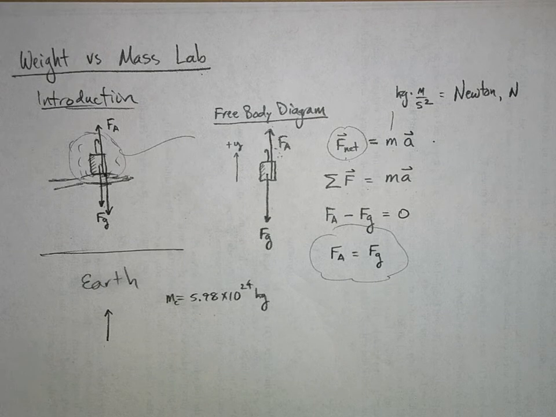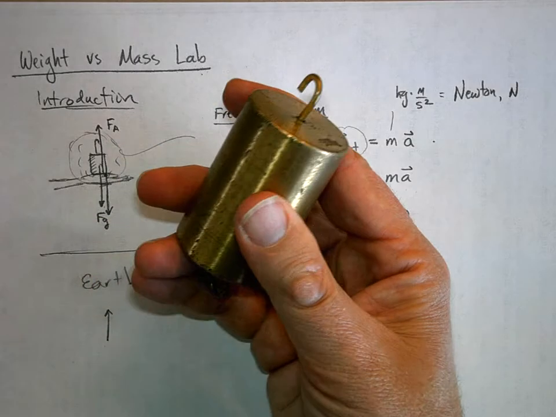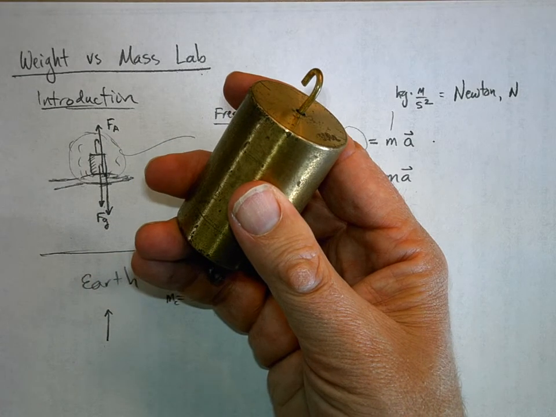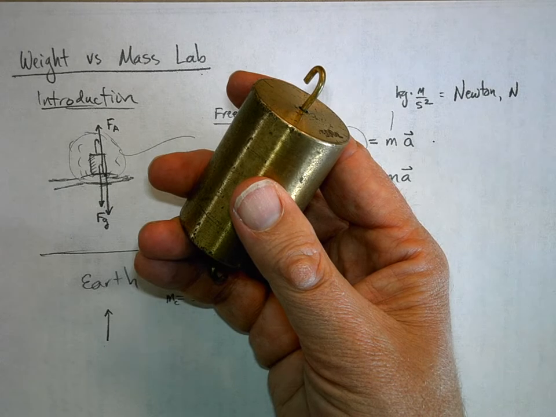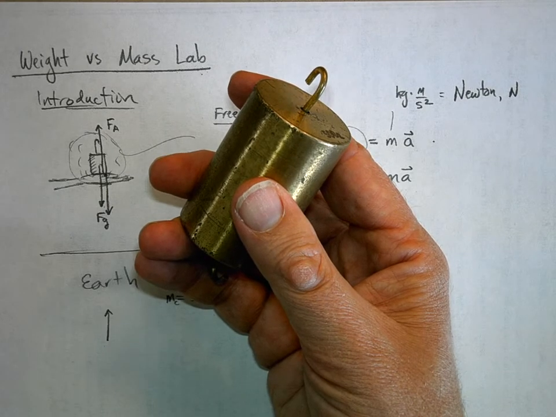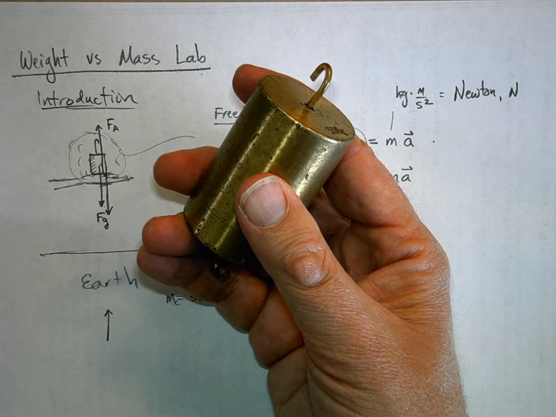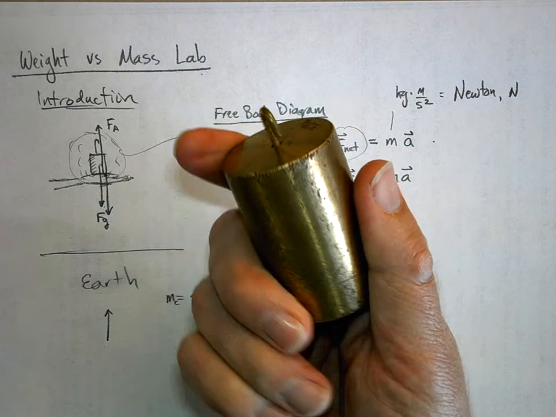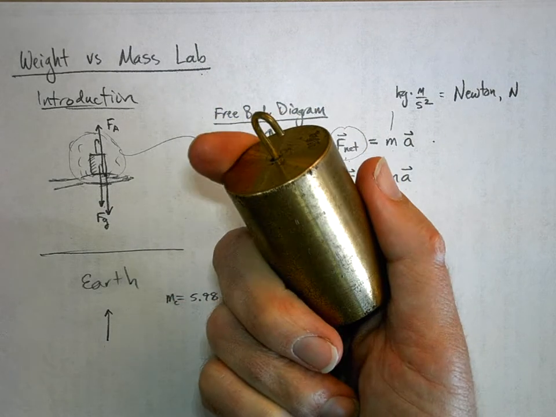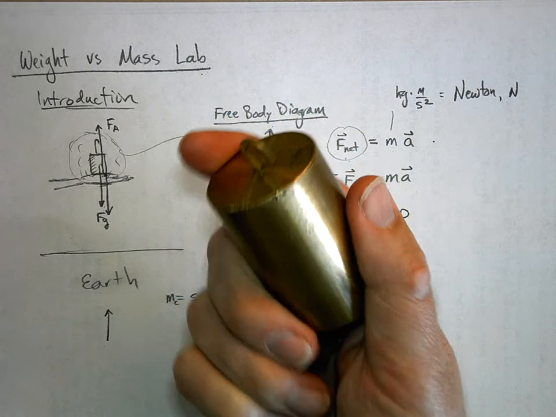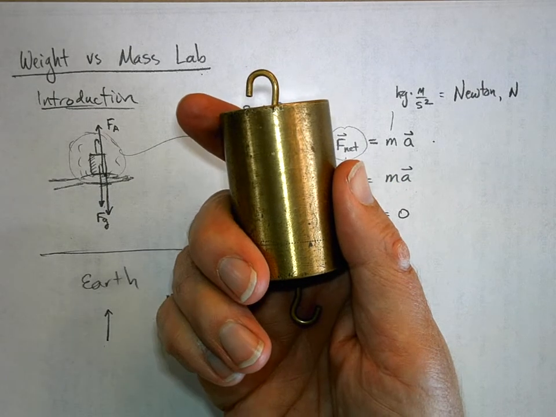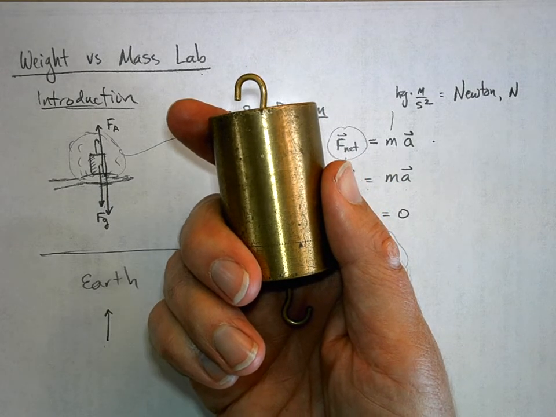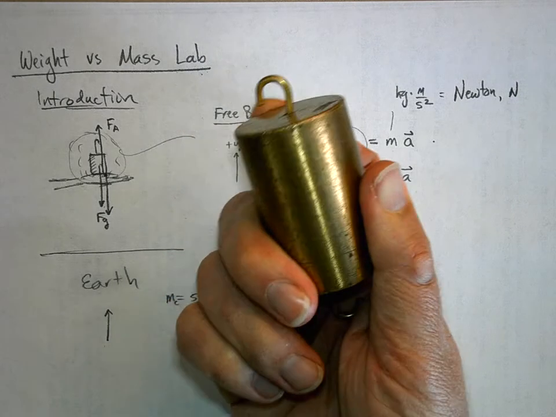So, look, if I take this 500 gram mass with me to the moon, and I'd love to be able to do that, is there going to be less stuff? Is there less mass? No. The mass doesn't change. It's still the same amount of stuff. But does the weight change? Yeah, it's going to feel much lighter.